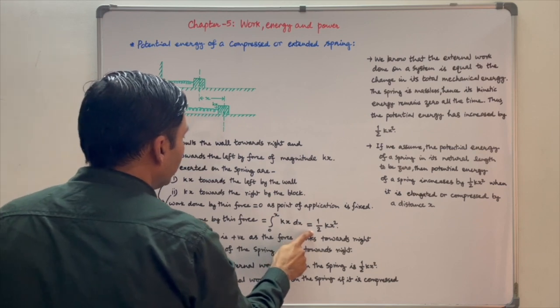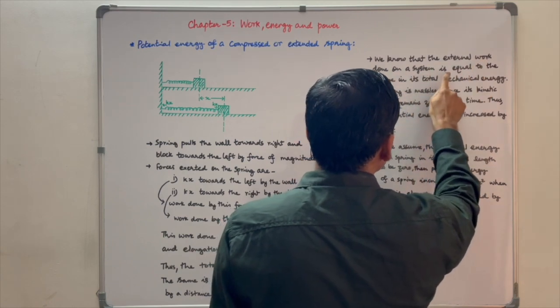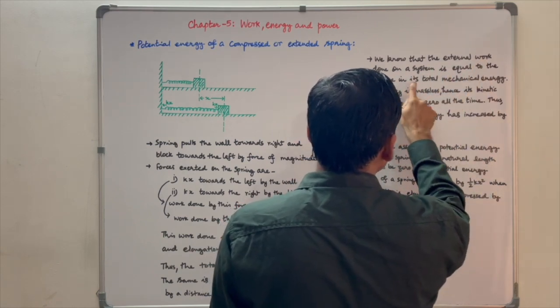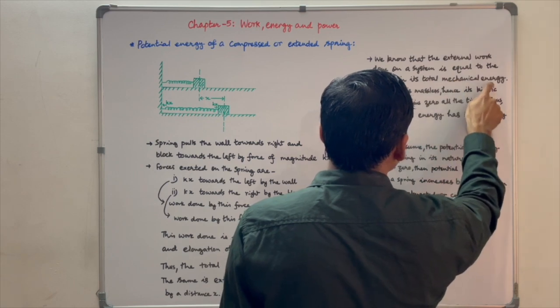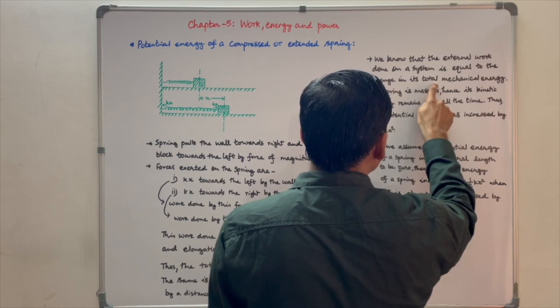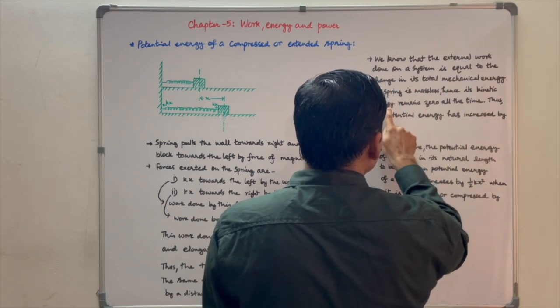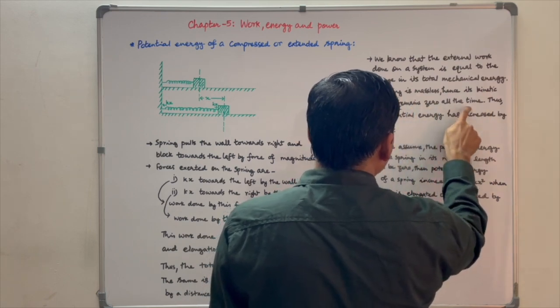We know that total external work done on a system is equal to the change in its total mechanical energy. And total mechanical energy of the spring is its kinetic energy plus potential energy. Since spring is massless, kinetic energy of the spring will remain 0 all the time.